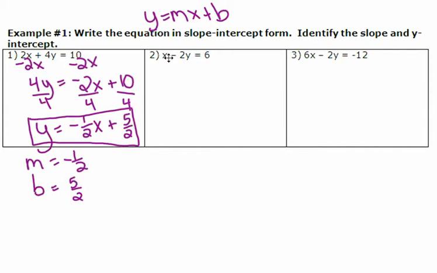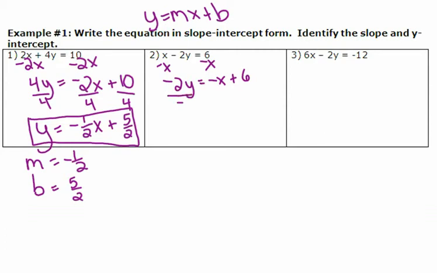So let's look at number 2. If I want to solve for y to put it in slope-intercept form, I would minus x first. So I have negative 2y equals negative x plus 6.